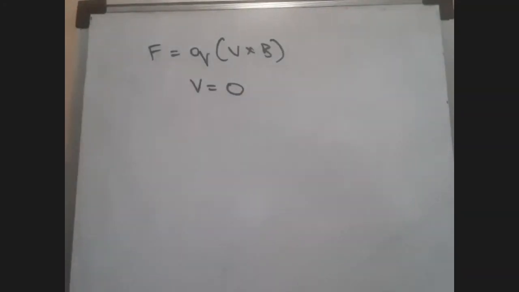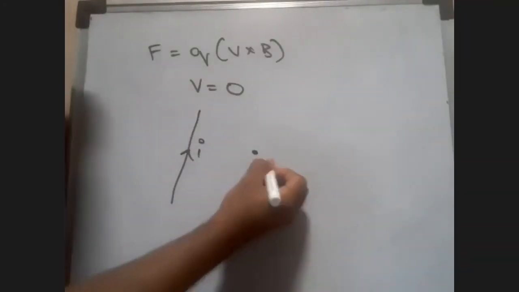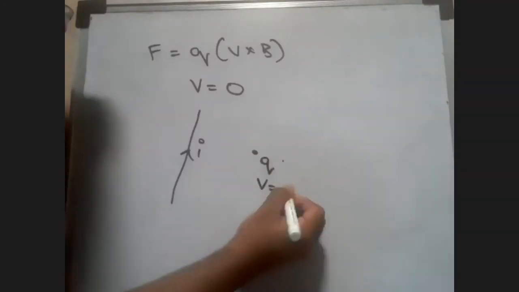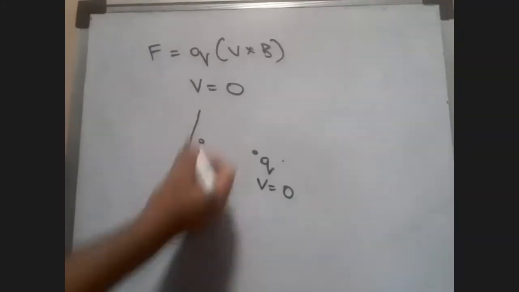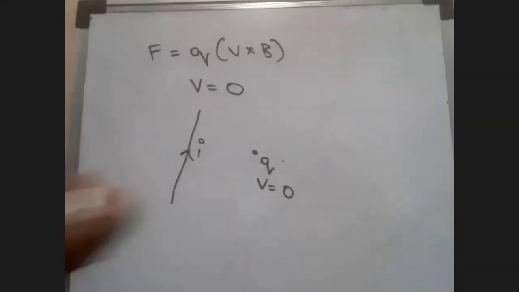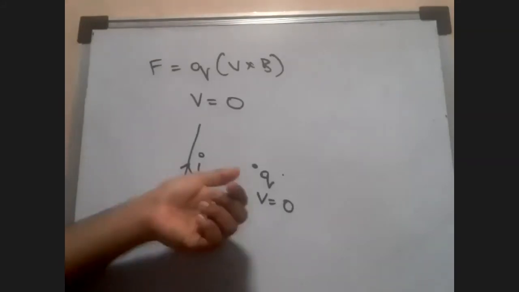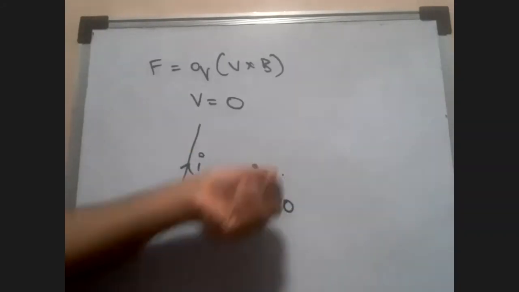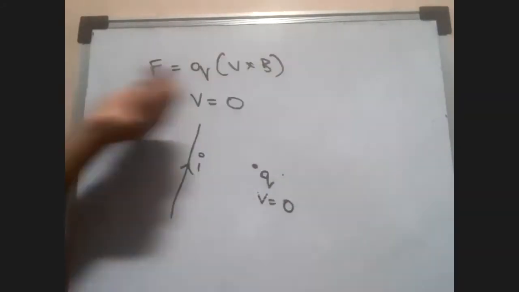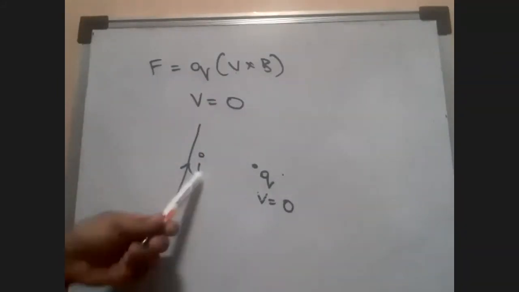If I have a charged conductor here having a current I, and a charge here which is at rest where v is equal to 0, I told you that due to charges flowing in opposite directions with equal and opposite magnitudes, there is not going to be any magnetic force on this charge. Or you can see that if you apply v equal to 0, the force entirely becomes 0. This is an important concept.